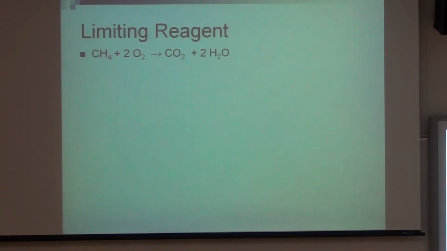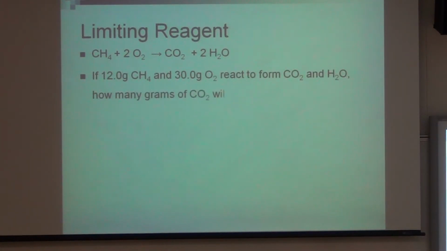So we got an example for you. We've got methane, oxygen forming carbon dioxide and water. So this is a combustion reaction. If we got 12 grams of CH4 and 30 grams of oxygen, how many grams of carbon dioxide can we form?